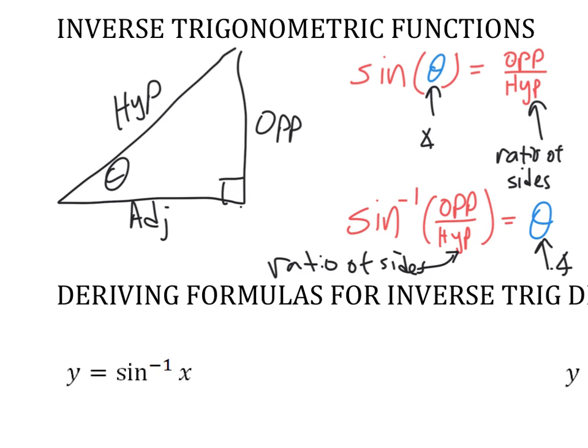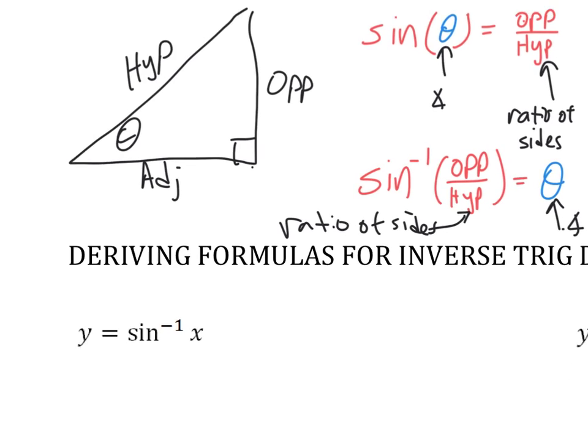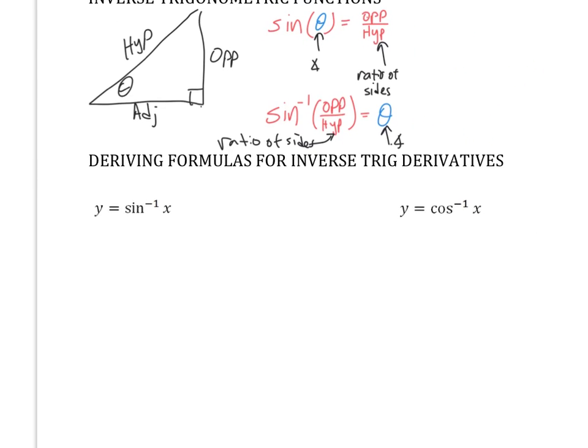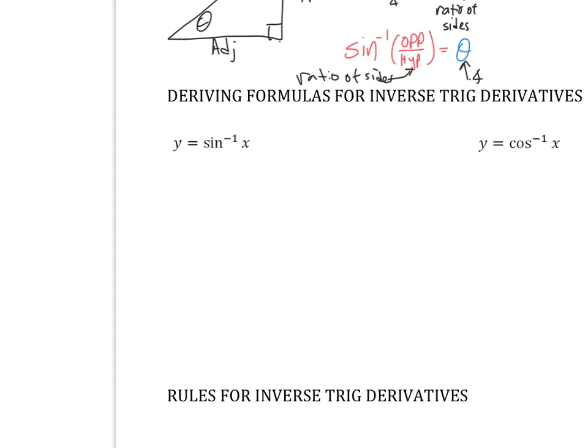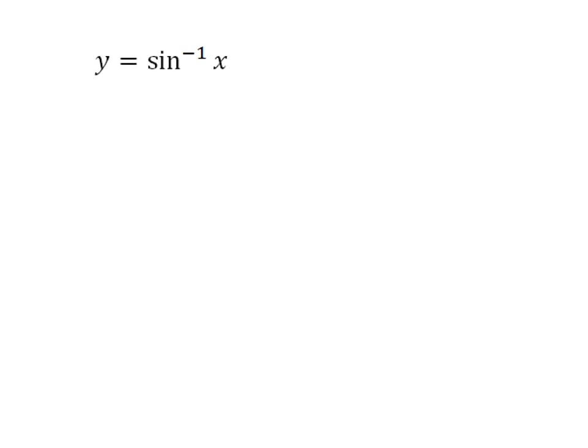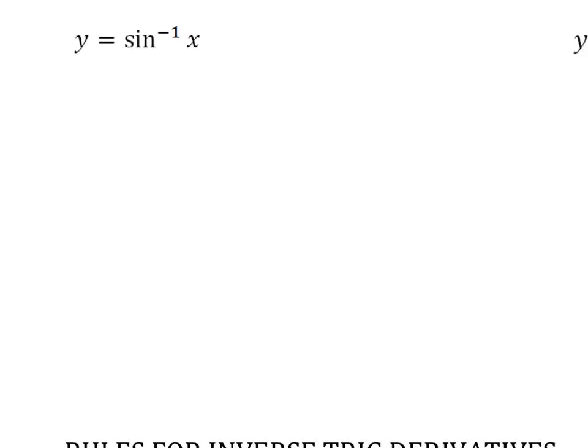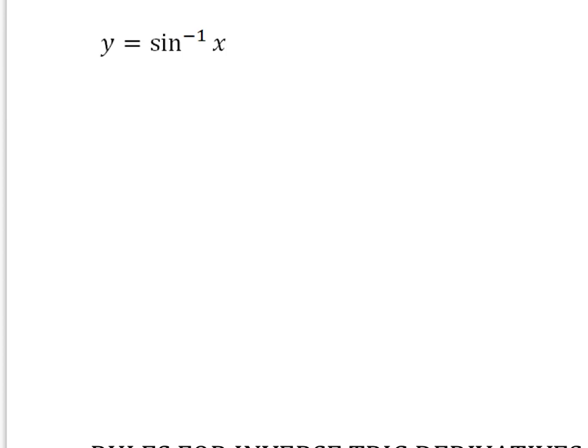So I want to take a look at deriving the derivative formulas of inverse trig functions. I'm going to look at inverse sine. Given this inverse function, y equals sine inverse of x, I want to rewrite this using a regular trig formula, because the whole concept is to take the derivative, but I don't have a rule for this.